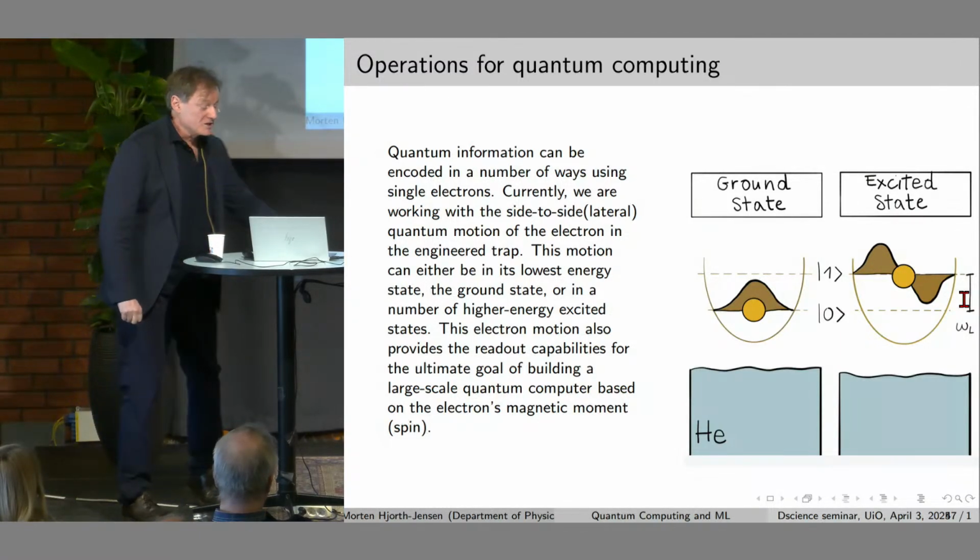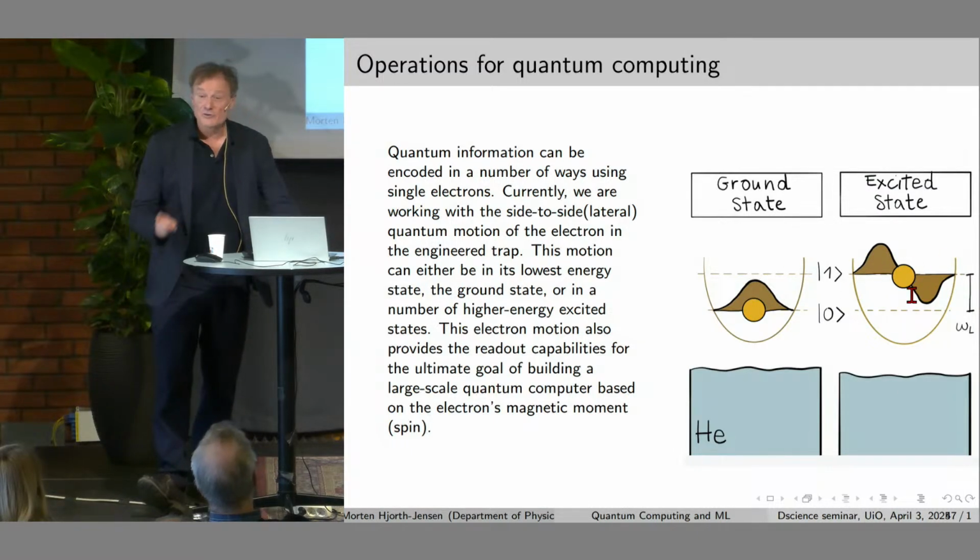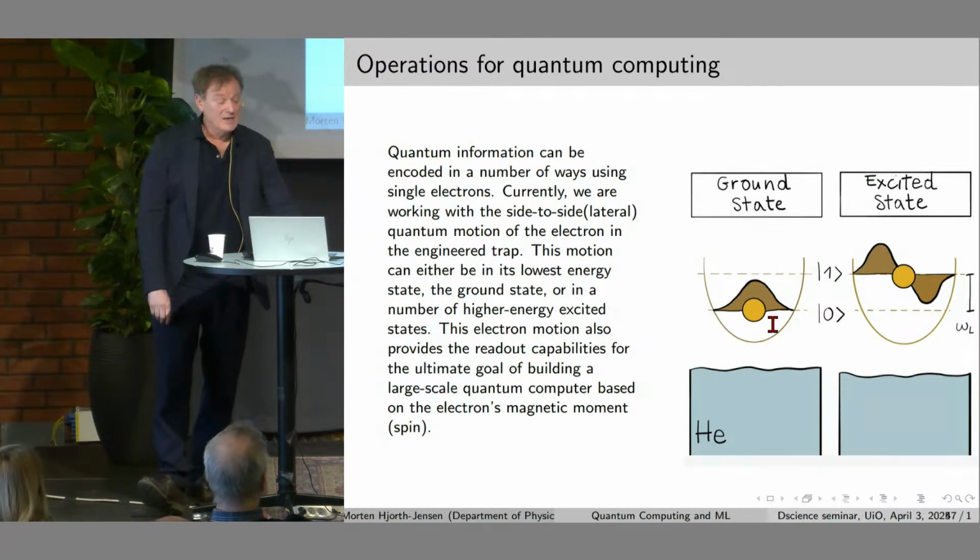But in this specific system, you have 2 electrons which can be trapped. They haven't realized this yet experimentally, but we have made the theory calculations with the optimal experimental parameters. In this case, you can have an electron here in state 0, an excited state 1, and the same here. And this provides a prototype for entangling 2 electrons.